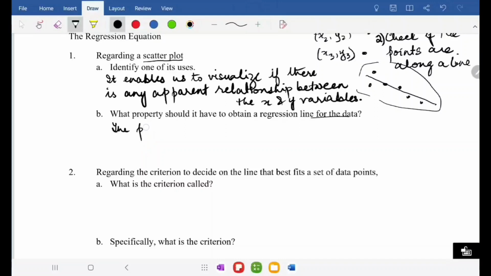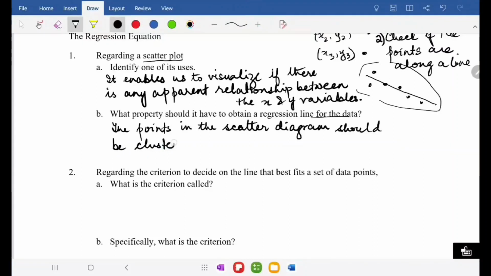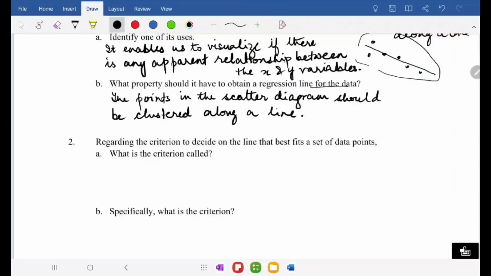So all the individual plots, the points on the graph, should be clustered along a line. All right, so that's the answer to part B of this question.